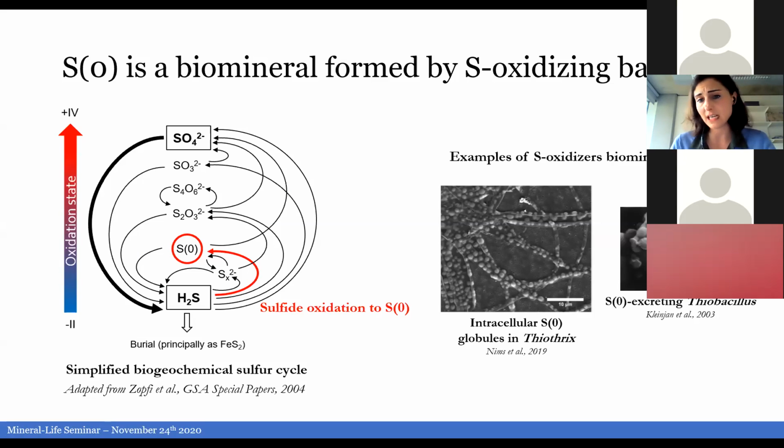And these biominerals can be either intracellular, like on this SEM image on the left, where you have Thiothrix filaments with intracellular globules of sulfur, or it can be extracellular. So here on the right, you have elemental sulfur globules at the surface of Thiobacillus cells.